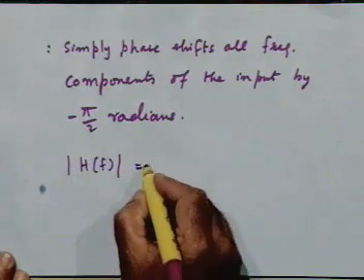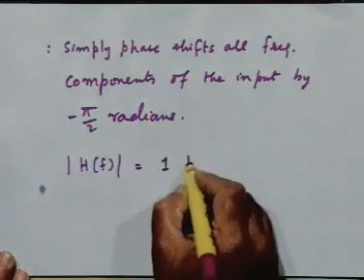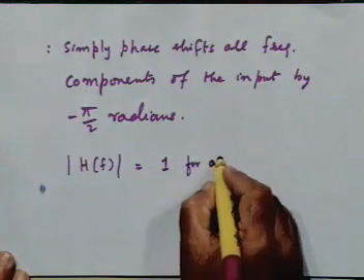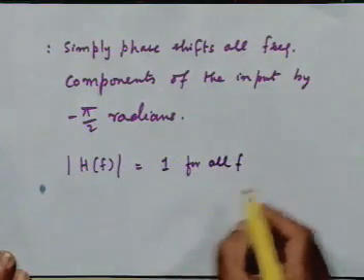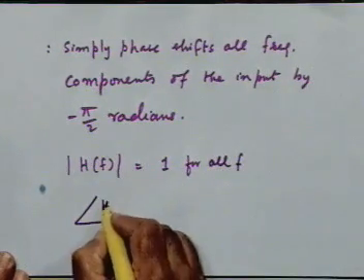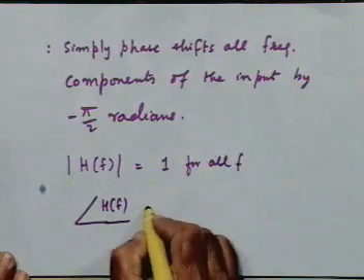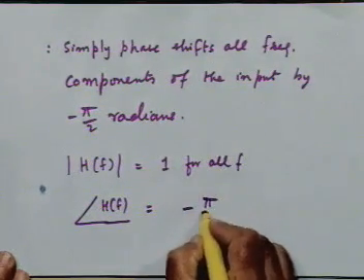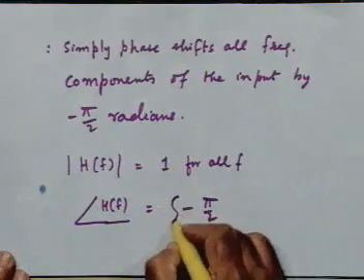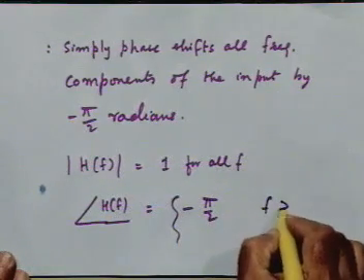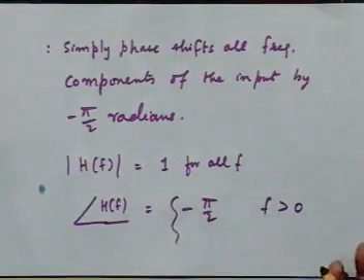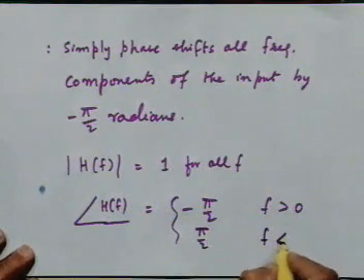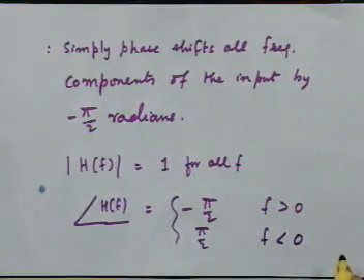It's equal to 1 for all f. But the phase is going to be equal to minus pi by 2 for f greater than 0, and since it has to be an odd symmetric function, it will be pi by 2 for f less than 0.